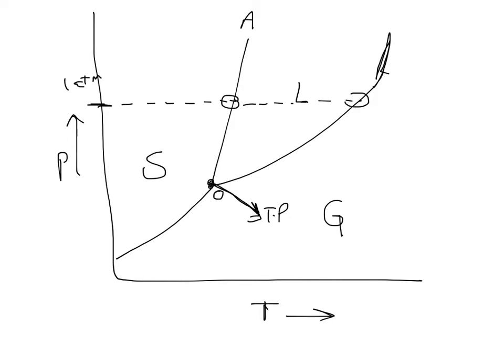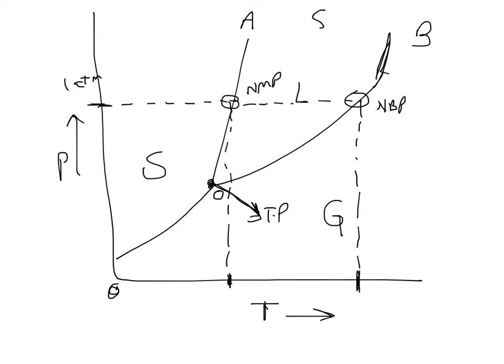If you extend that to the O to B curve, that's going to measure the normal boiling point, right? This was the normal melting point. And if you wanted to actually read the temperature values, you can read that from the temperature curve on the x-axis. We've discussed that. Now, this is for a pure solvent, right? This is for a pure solvent.